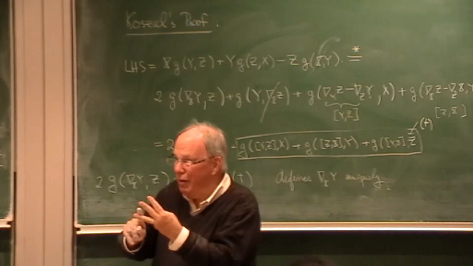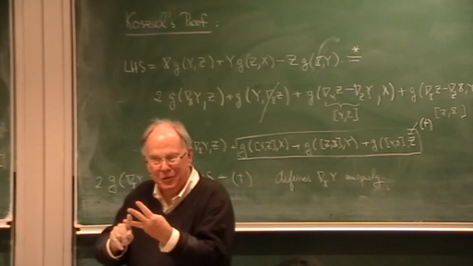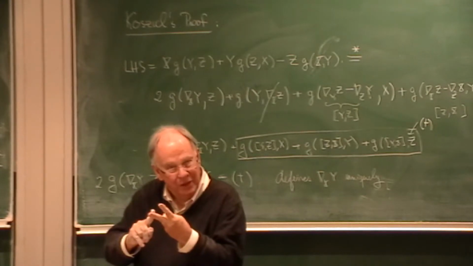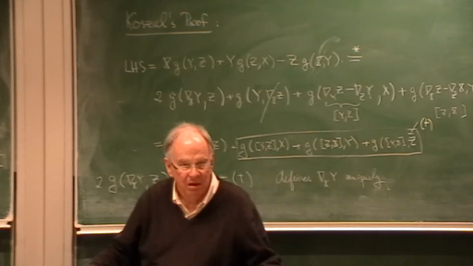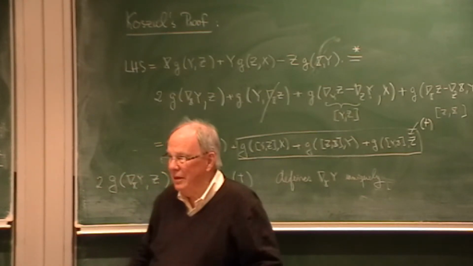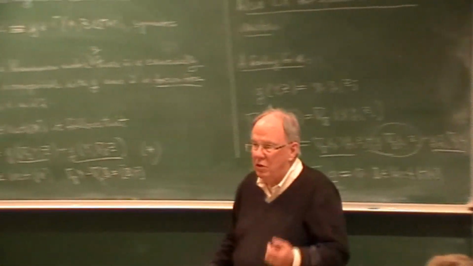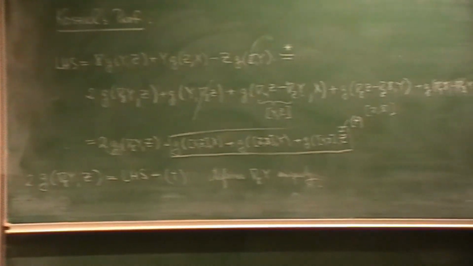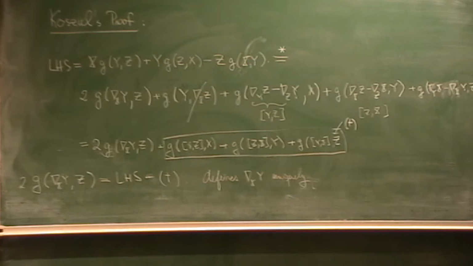So this is a horrible job. I think you can actually have a computer do it. You have to prove it's a connection, prove that it's metric compatible, and prove that it's torsion free. You just go through this definition and check it. It's horrible. But Levi-Civita did that, and this is Cozens' idea to write down this formula in this way. This is Cozens' trick of writing the top thing down, then the rest of it any normal human being can do.